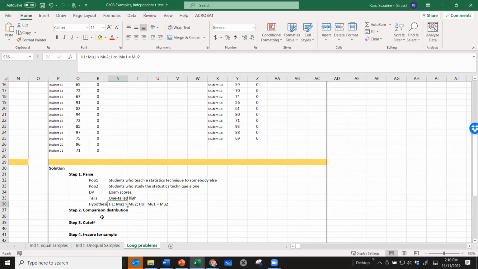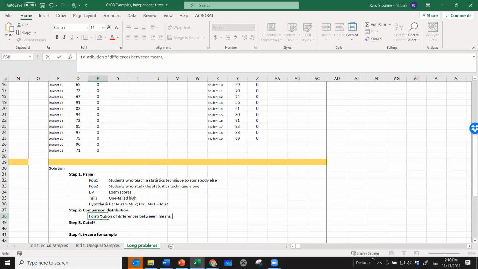Our next step is to identify the comparison distribution. We know that we're going to be comparing the difference between the mean scores for these two groups, and we're going to compare it with differences between means. So a hypothetical population in which two means were drawn out of the population, compared and put back in, and done repeatedly until we get the t distribution of differences between means.